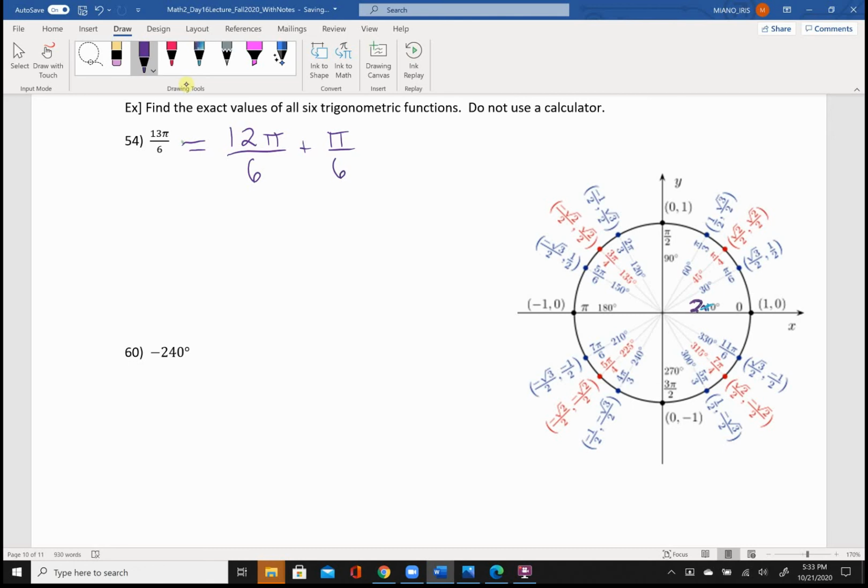Now, how did I know to separate it this way? Experience, I guess. I'm not really sure how to explain it other than that. You want to see if you can separate out as many 2 pi's as you possibly can, because that reduces itself to a 2 pi, which is 1 full revolution, right?